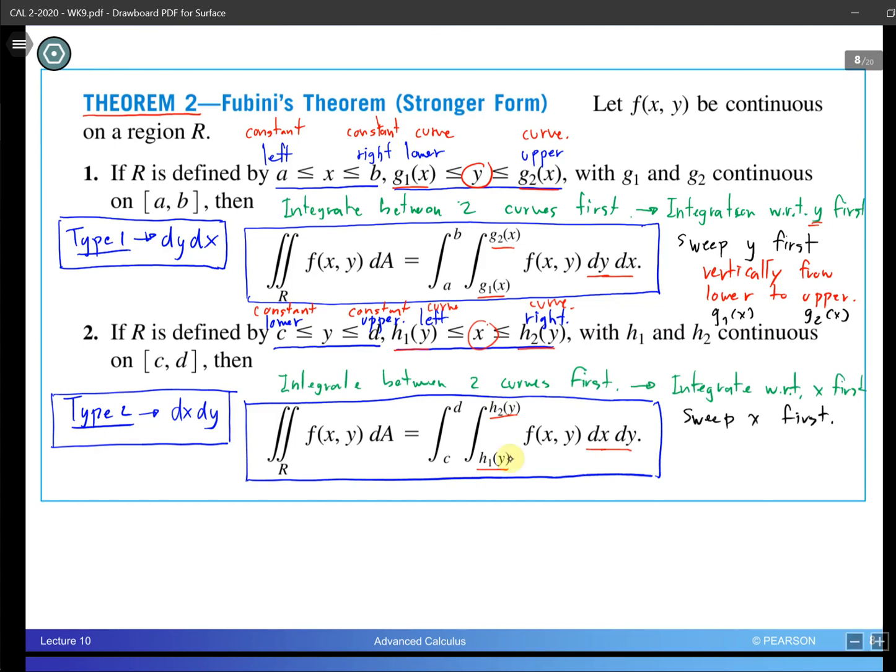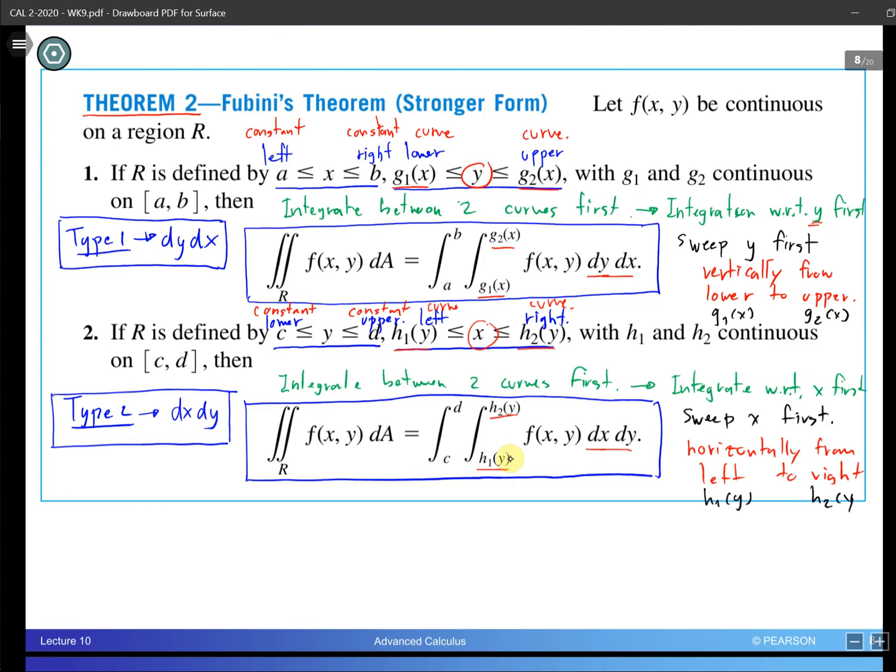So sweep horizontally from left to right. And we are going to have this h1y right here, the left curve, and h2y for the right curve.